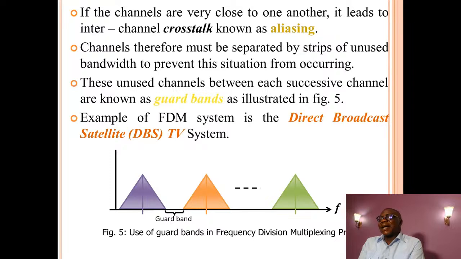That is a result of interchannel crosstalk. Your own channel is trying to connect to the person you want to talk to, but there is interchannel interference from other people, maybe already making calls. Then you have what is known as crosstalk.